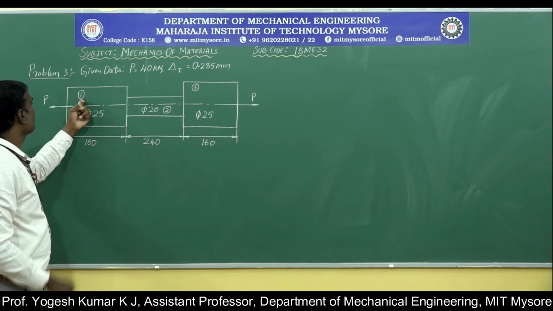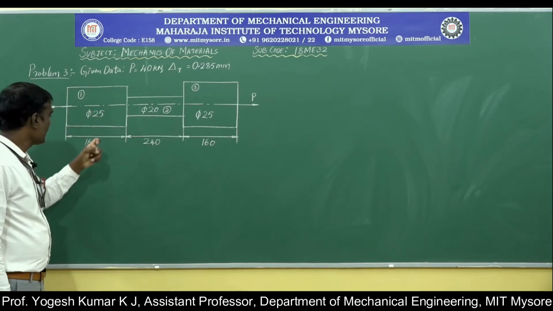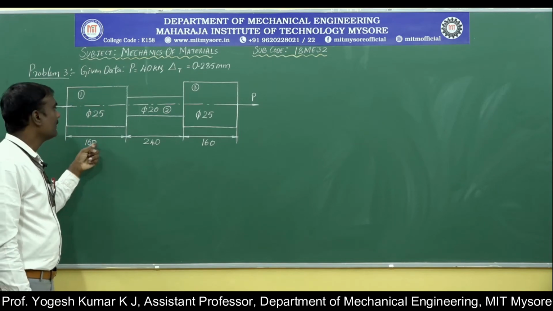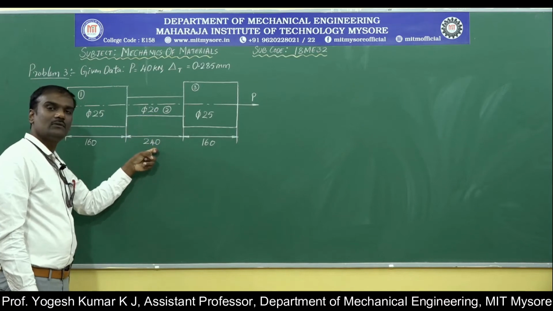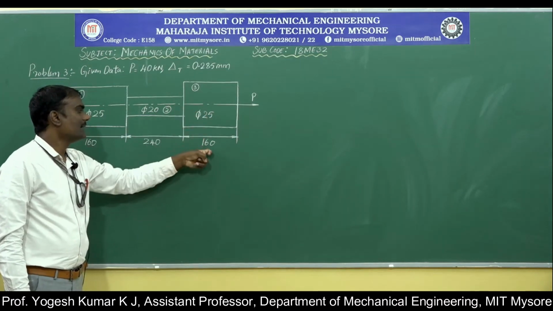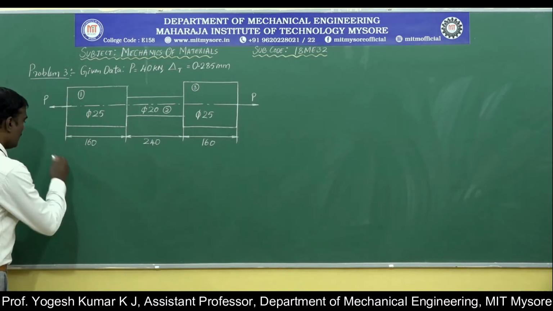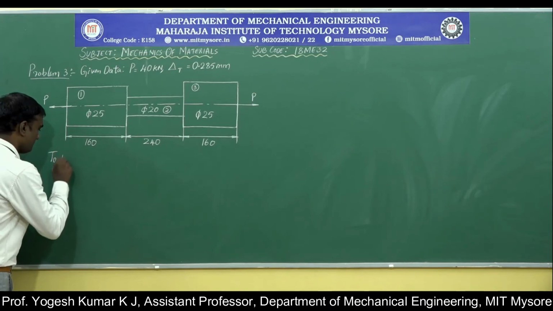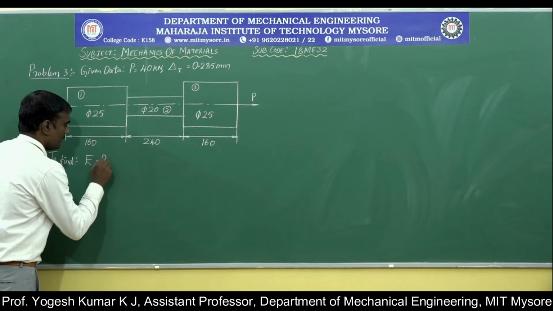I have denoted section 1 having a diameter of 25 mm and a length of 160 mm. Section 2 having a diameter of 20 mm and a length of 240 mm. Section 3 having a diameter of 25 mm and a length of 160 mm. And they have asked us to find the Young's modulus of the specimen.